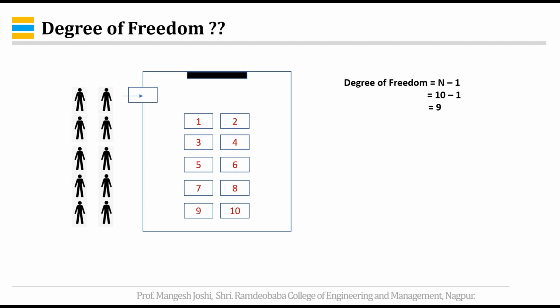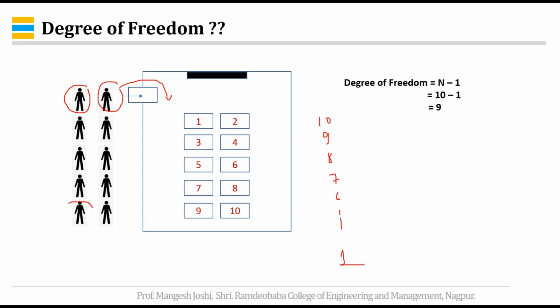So let us understand the basic meaning of degree of freedom. Imagine a case where you have 10 chairs in a classroom and there are 10 students waiting outside the classroom. If the first student goes in, he will have a total of 10 options to sit on, right? When the second goes, he will have 9 options, and hence these options will get reduced up till 1.